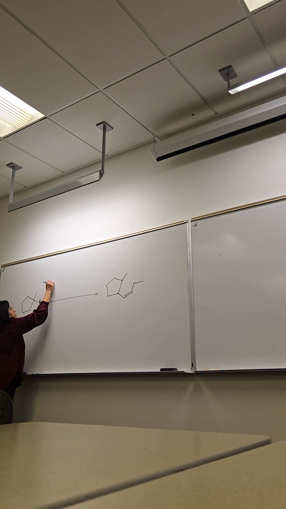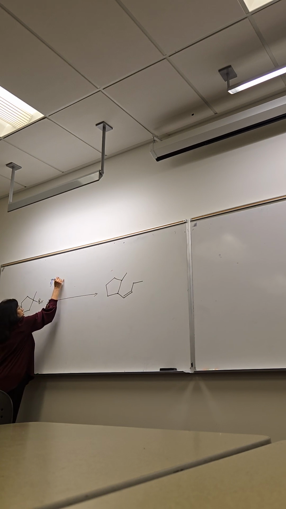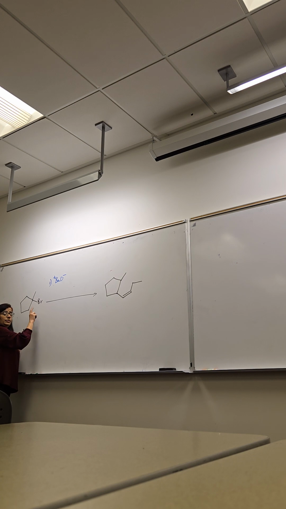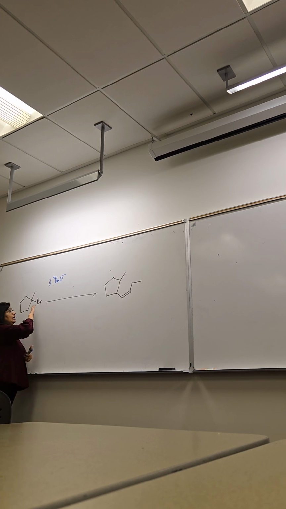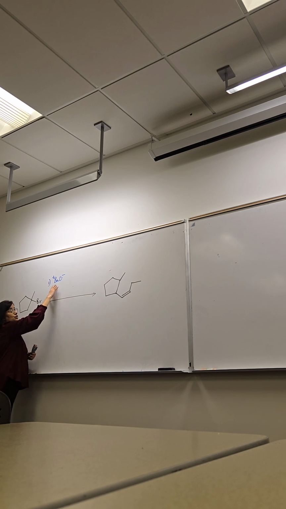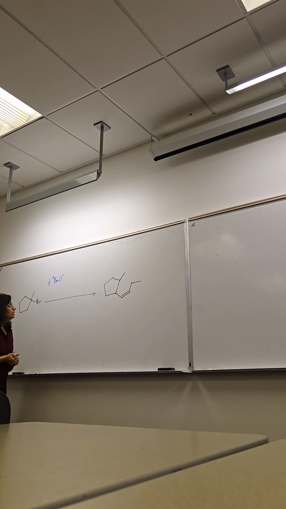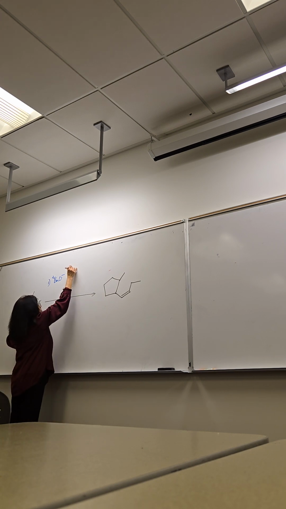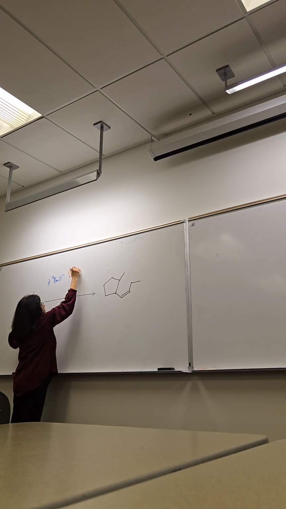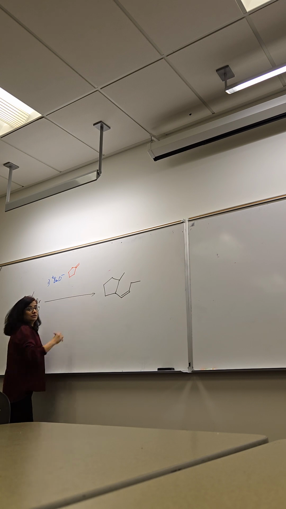If you use t-butyl oxide, what will be the major product? I'm assuming you're doing E2, dehydrohalogenation. Is that bulky or small? Bulky. So will that give you Zaitsev's alkene or Hoffman's alkene? Hoffman's alkene. So what will be the major product from here if we use that? Sorry, I was looking at the first one.